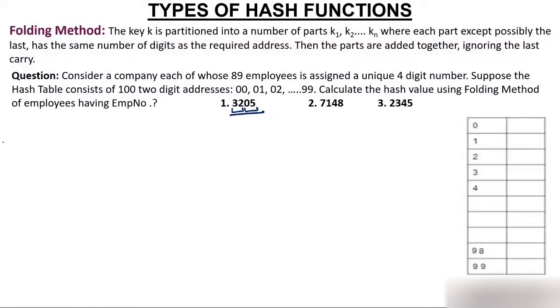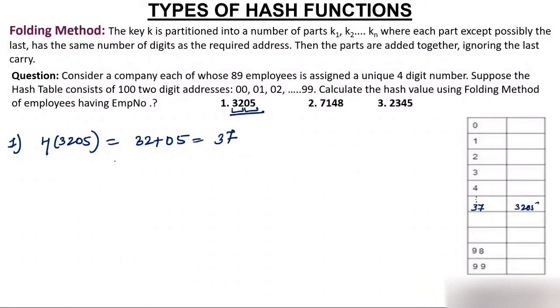Let me explain how. If I'm taking the key 3205, I fold it into 32 plus 05, which gives 37. Suppose this is the 37th location. At the 37th location, you will store 3205.